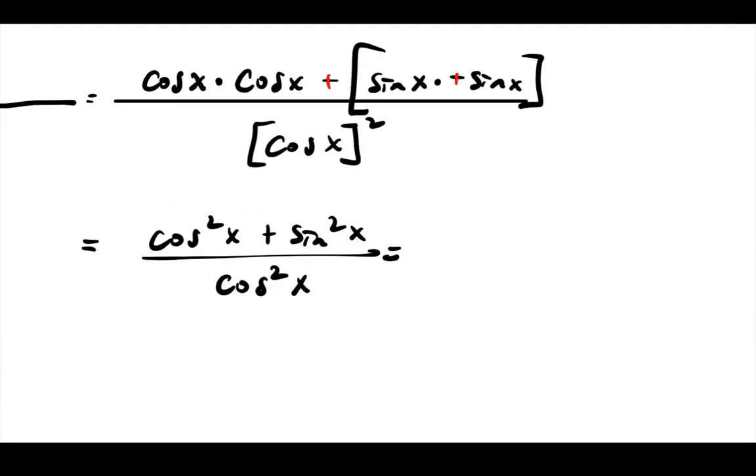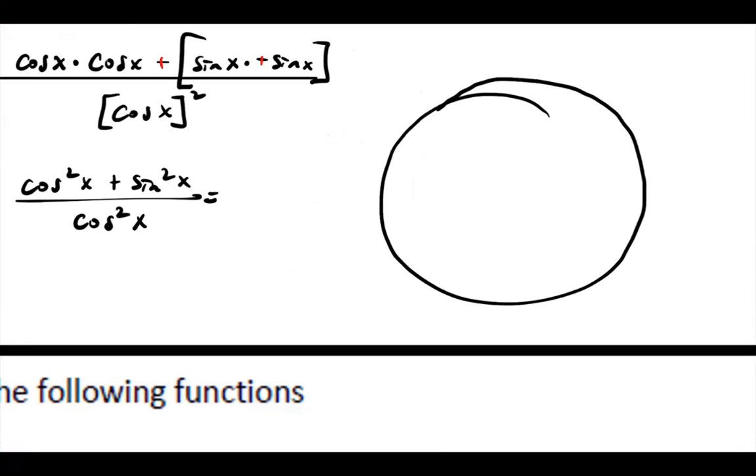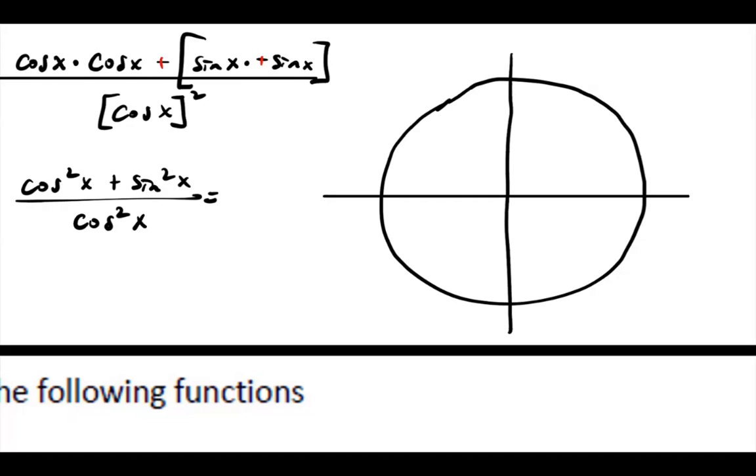So let me do it on here so it can record. If you have the unit circle, four quadrants, and then let's say you have an angle here. We said this is y.